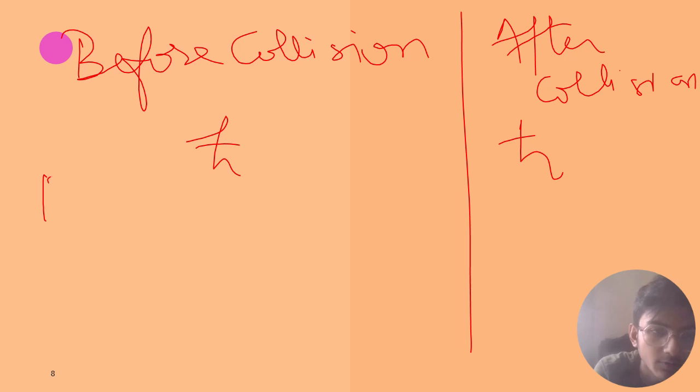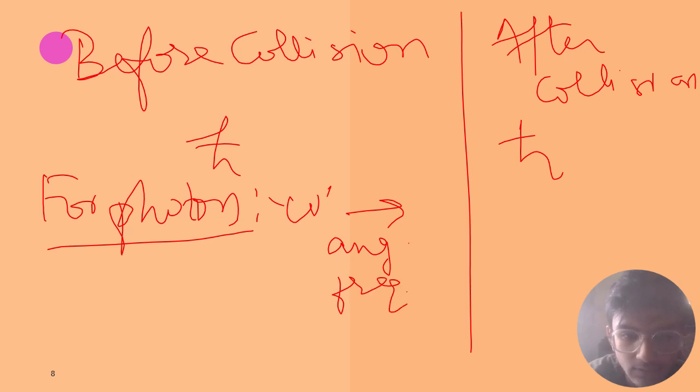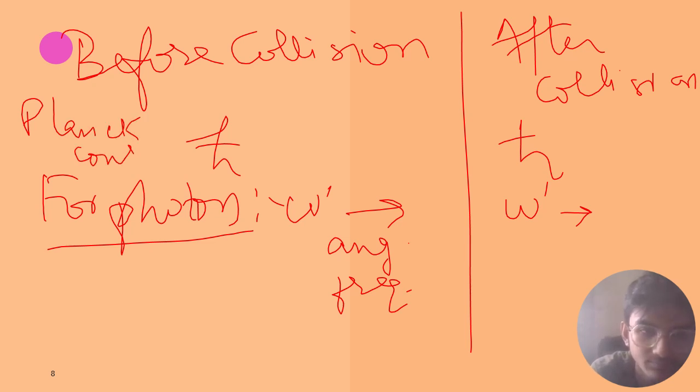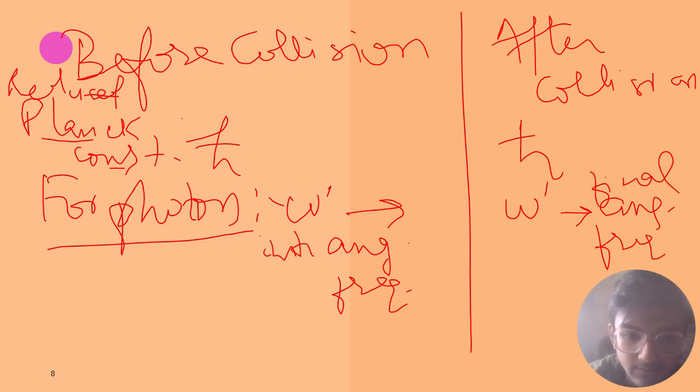For the photon, W will be its initial angular frequency, and W dash will be the final angular frequency. The reduced Planck constant is also used. For the photon, W and W dash.